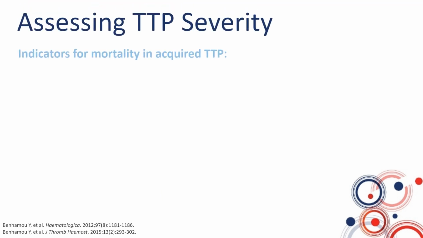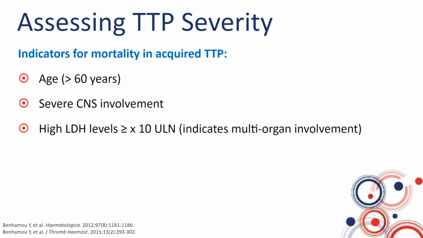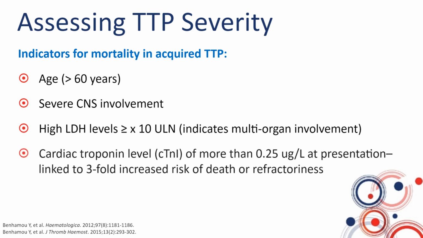The indicators for mortality in acquired TTP and its severity are the age of the patient, when the patient is older than 60 years, severe CNS involvement, high levels of LDH, and a cardiac troponin level of more than 0.25 microgram at presentation. That could increase three times the risk of death or refractoriness.